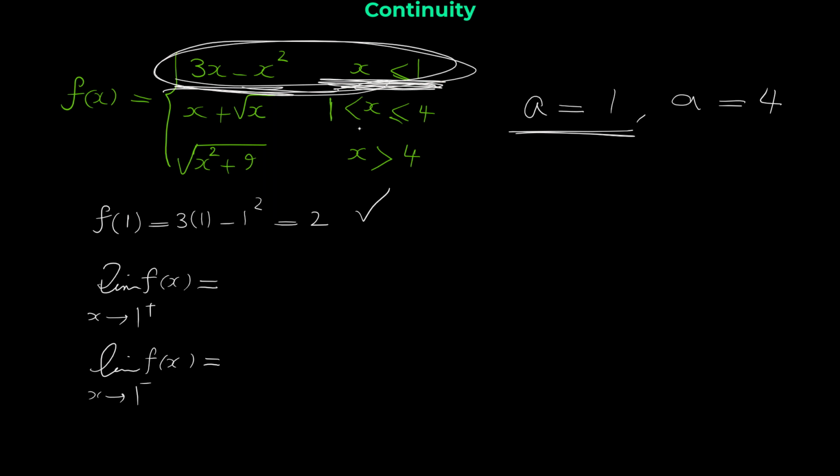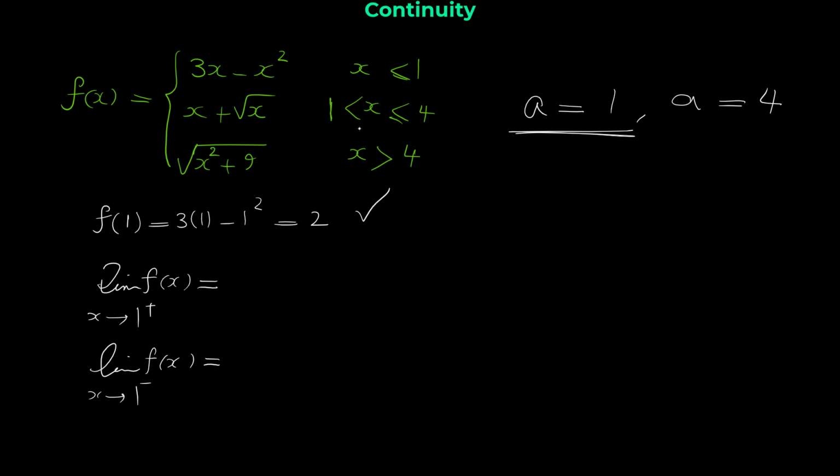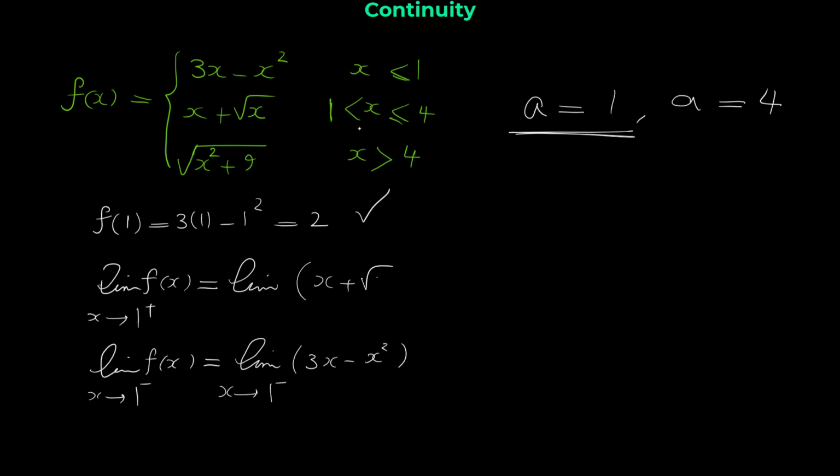For the left limit, I'm going to use the first equation, 3x minus x², because when x is less than 1, we have that equation. So the limit of 3x minus x² when x approaches 1 from the left. But when x approaches 1 from the right, I'm going to use the other equation, x plus radical x.